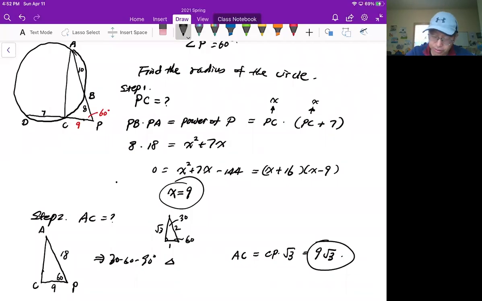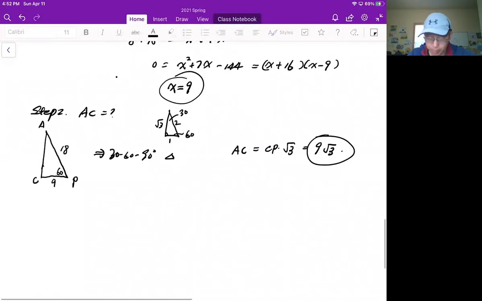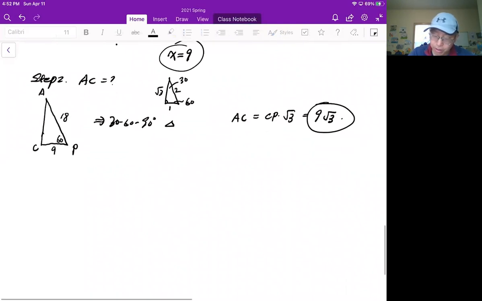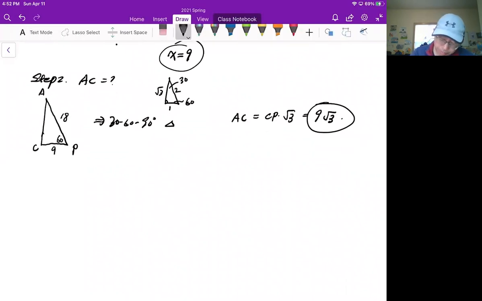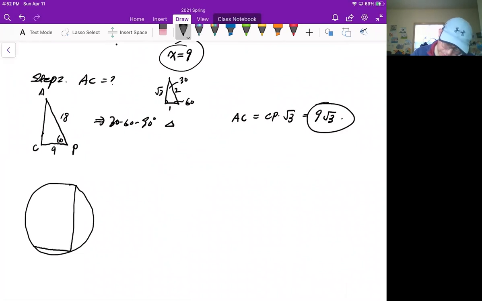So let's draw a different picture where it's a part of the picture. It's still the same picture, but just a different part of that picture. All right, so I'm going to get that one here. And then I got the following. This is A, this is C, and this is D here, right? So here we get 9 root 3, and here it's 7, and this is a right triangle.